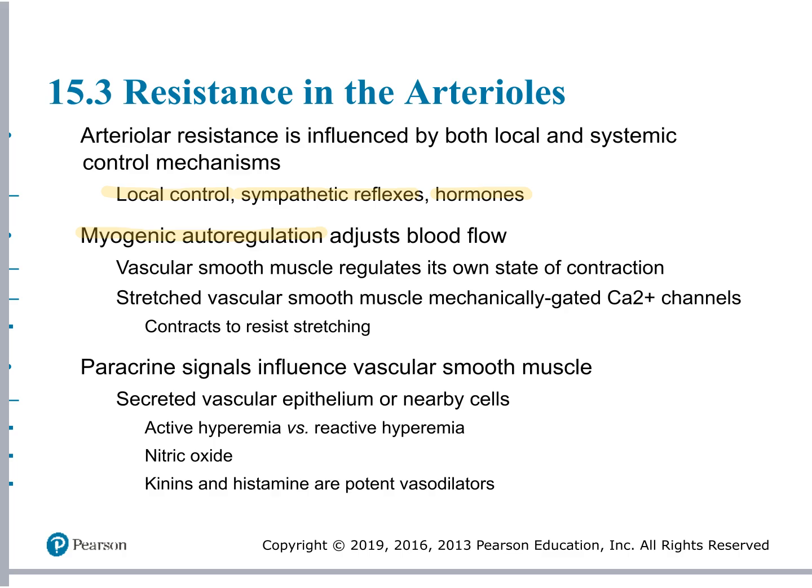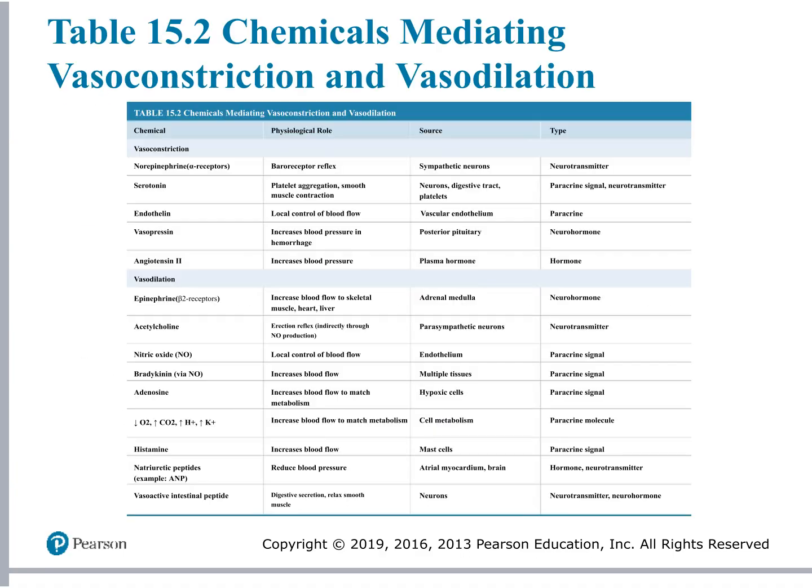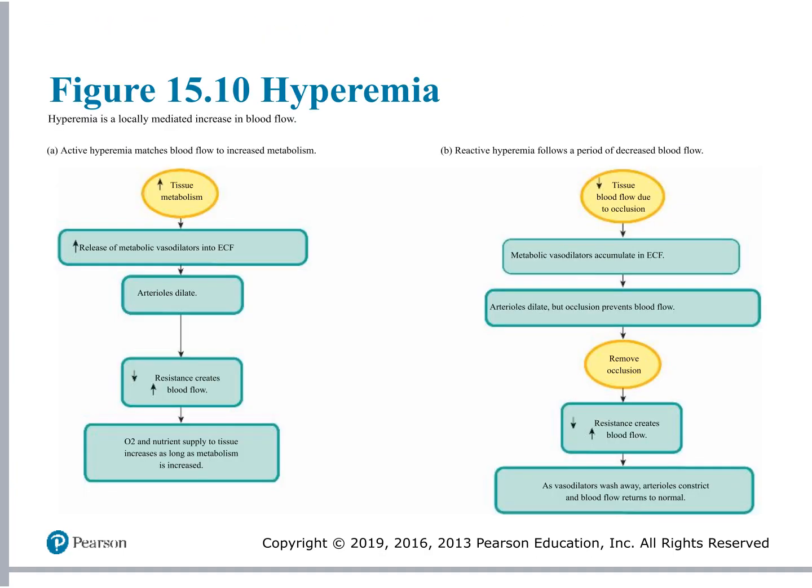And then we have some paracrine signals. I think the only thing I really want to mention about that, we're going to look at active hyperemia and reactive hyperemia. All right, active hyperemia, that is whenever there is an increased blood flow to the area, and it has to do with an increase in the tissue metabolism, like an increase in the amount of glucose being broken down aerobically.